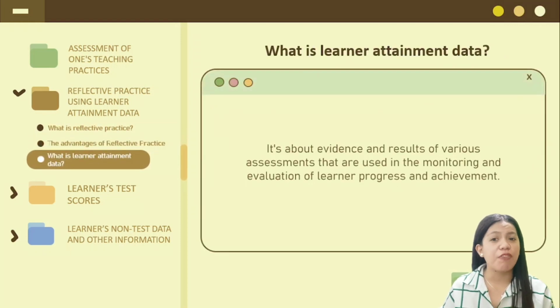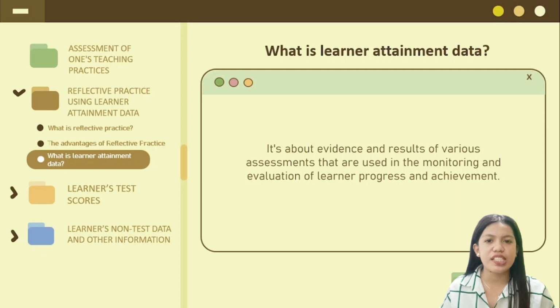And what is learning attainment data? It is about evidence and results of various assessments that are used in monitoring and evaluation of learning progress and achievement. So in reflective practice using learning attainment data, it allows teachers to identify the strengths and weaknesses of an entire class as well as individual students.